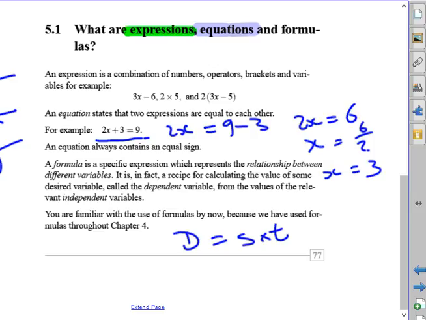Where we use a formula is they'll tell us, okay, so a car was traveling at 120 kilometers per hour for 90 minutes. How far did it go? So I replace the letters with the numbers I know, I turn it into an equation, and then I solve. Okay, that's the difference between an equation and a formula.